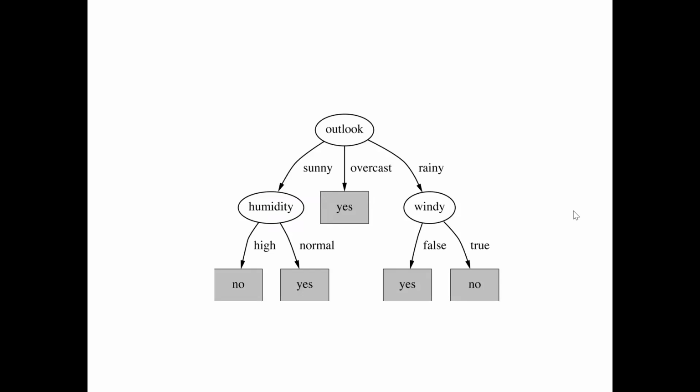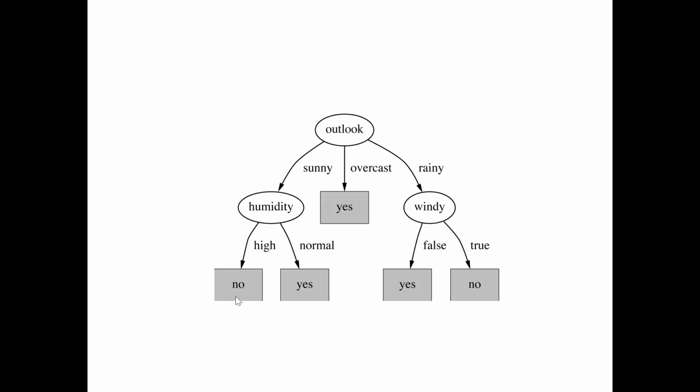So this is the tree generated from our toy weather dataset. I hope you remember we discussed the weather dataset, where we have a set of attributes and we are supposed to decide whether to play yes or no. In the nodes you see the attributes, and the branches are the attribute values.